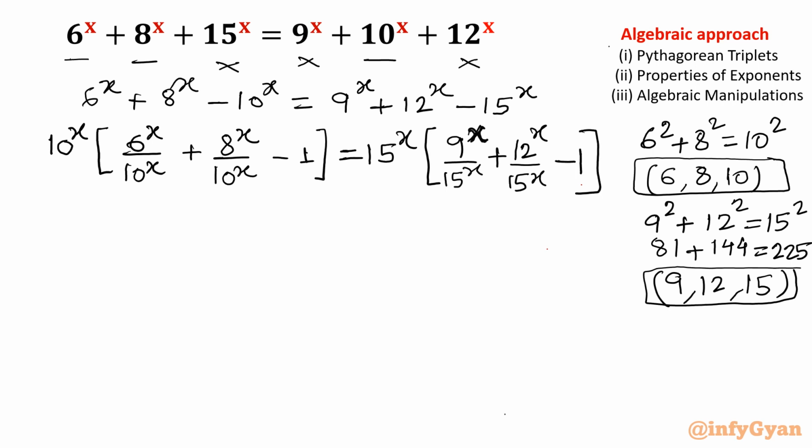Now by the property of exponent, a^x over b^x can be written as (a over b) whole power x.